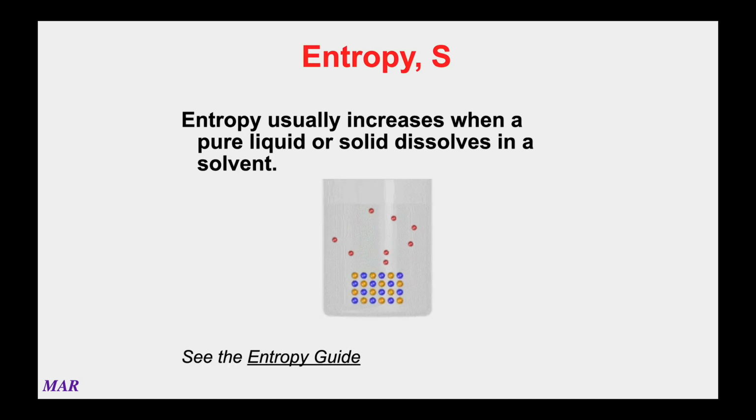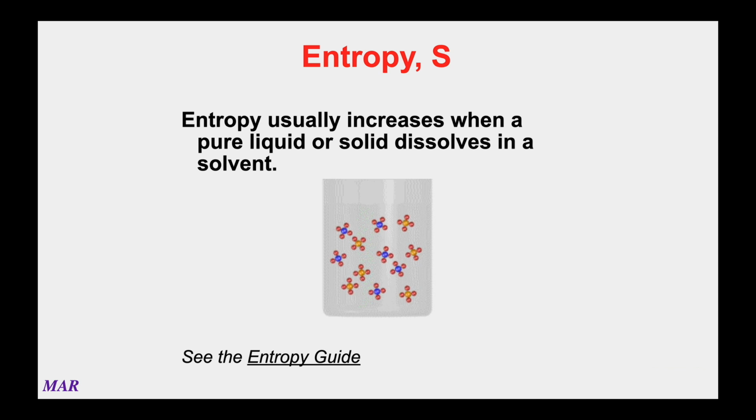When potassium permanganate dissolves, its crystal lattice is broken apart, leading to an increase in disorder, and therefore an increase in entropy. Usually, and notice my emphasis there on usually, when you put a solid in a solvent to make a solution, the entropy increases, all right?